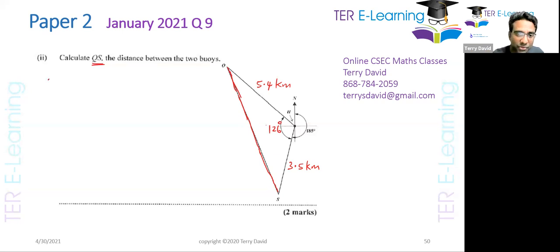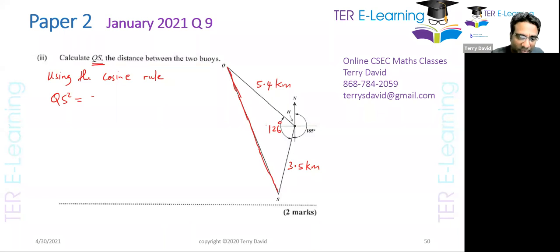So we're going to say, using the cosine rule, the side opposite the angle. So that's QS. QS squared. So I'm writing the cosine rule in terms of what I know. So QS squared is equal to, you're going to square the other two sides and add them.